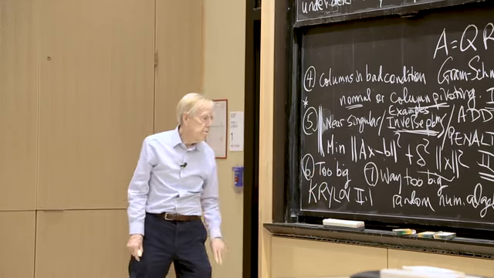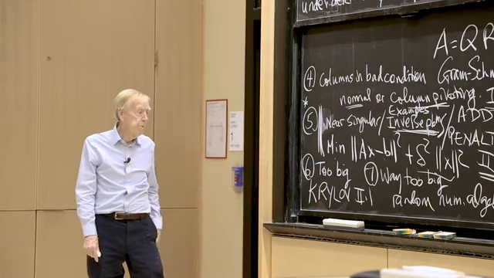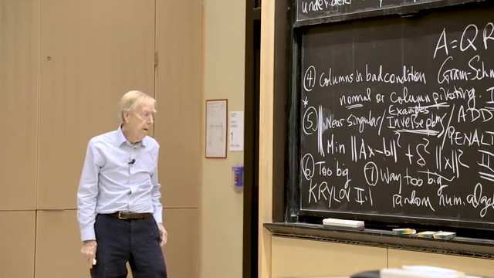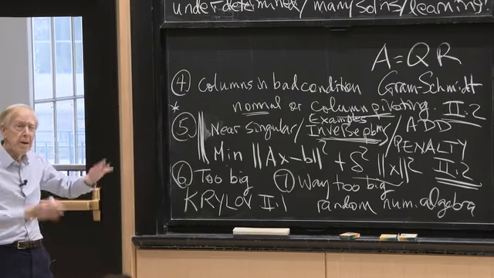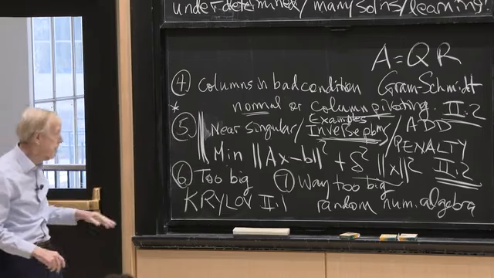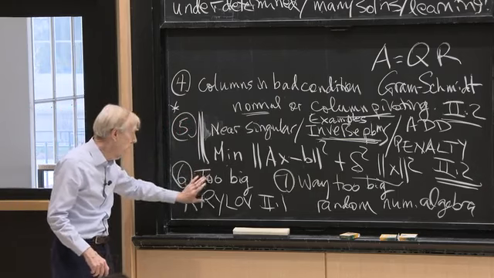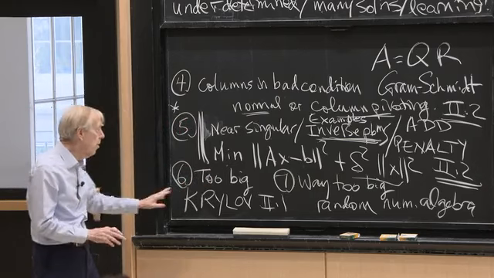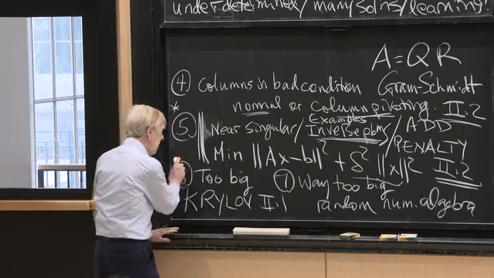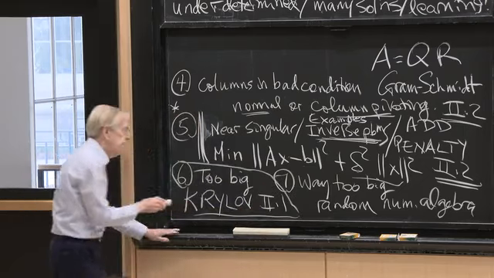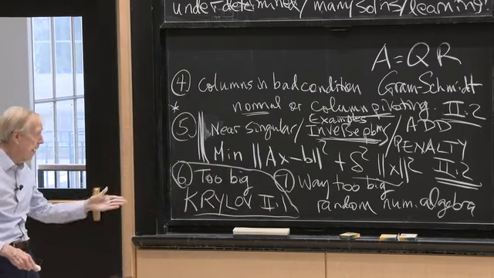Okay, so when the problem is too big, so up to now the problems have not been giant, out of core. But now when it's too big, well, maybe it's still in core but really big, then this is in 2.1, so that's to come back to.